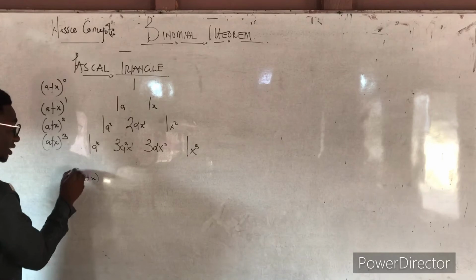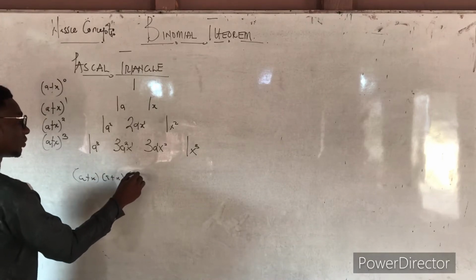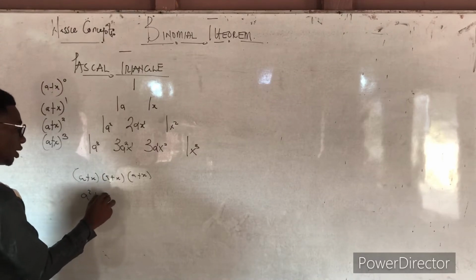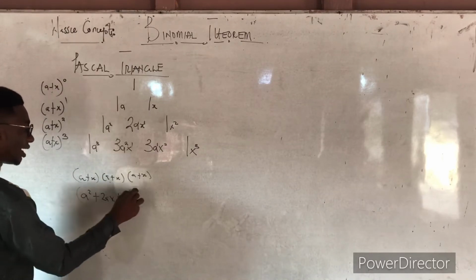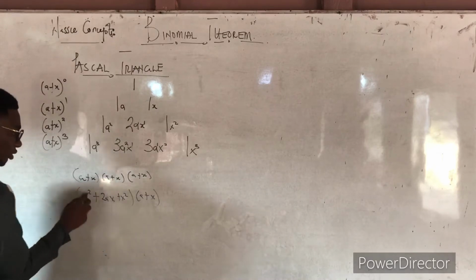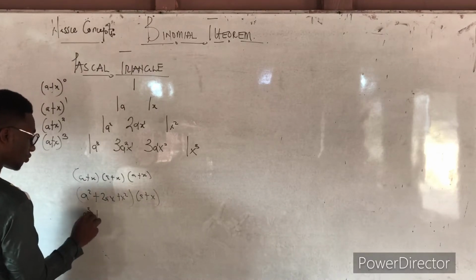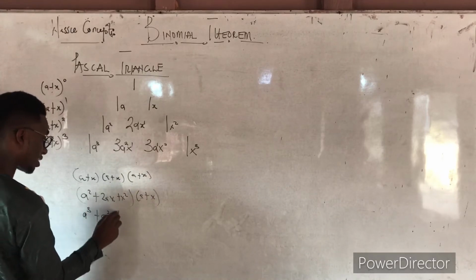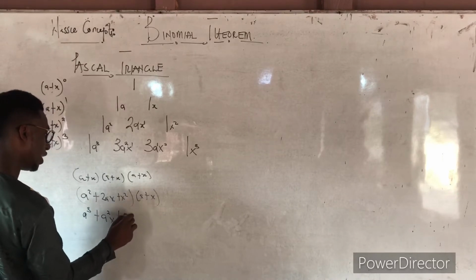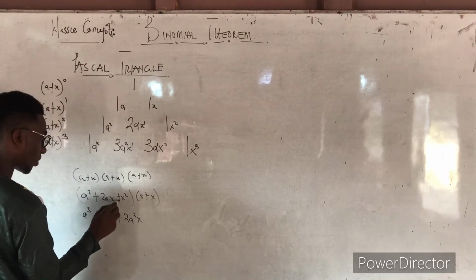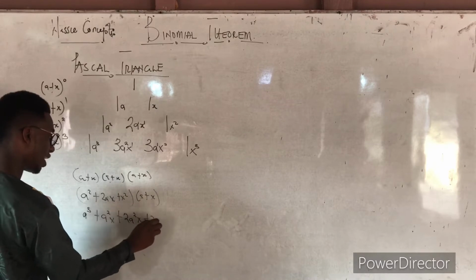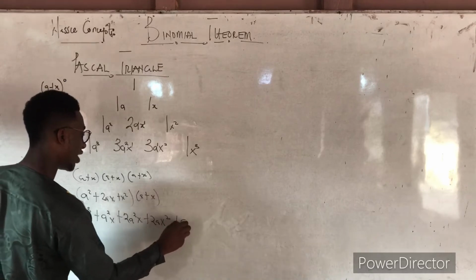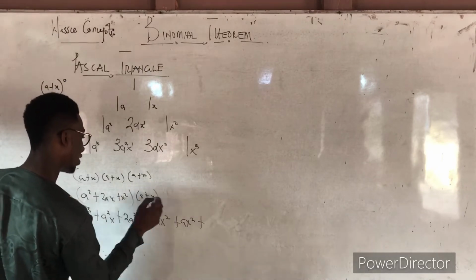For instance, a plus x multiplying a plus x gives you a squared plus 2ax plus x squared, multiplying a plus x. When you do this, you are getting a cubed plus a squared x, plus 2a squared x, plus 2ax squared, plus ax squared, plus x cubed.